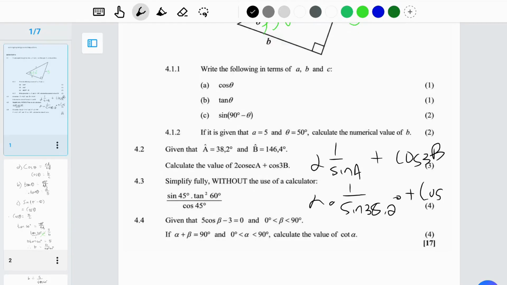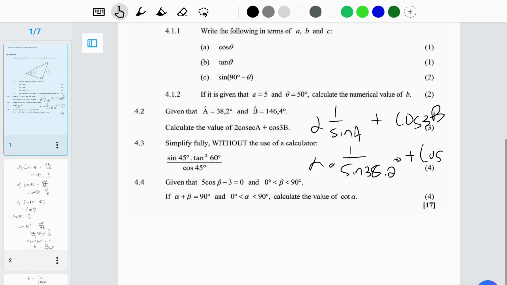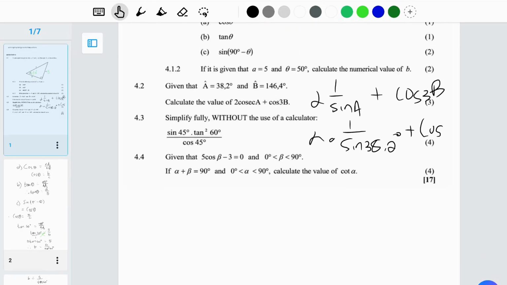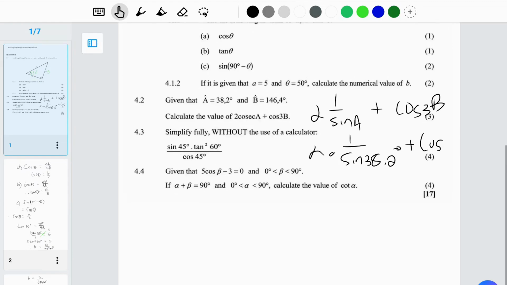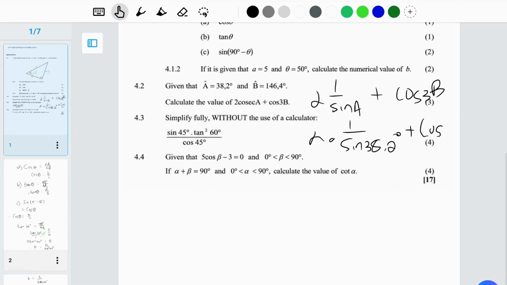I don't have any space there, so I want to move this to an area where I have some space. Let's write it underneath here. So 2 times 1 over sine 38.2.